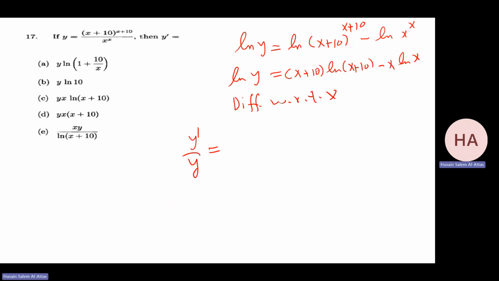derivative of the numerator, now product rule. I have 1 times ln(x plus 10).